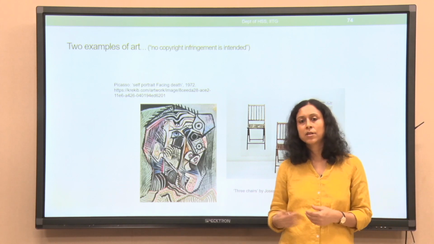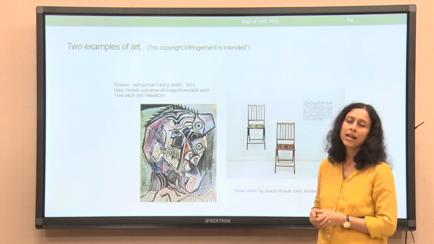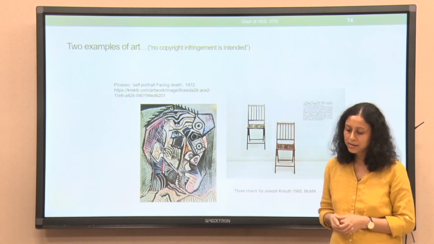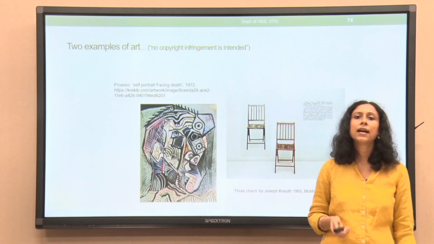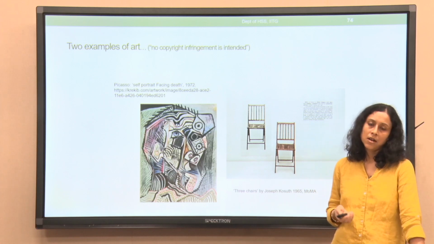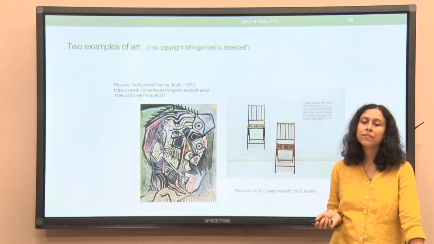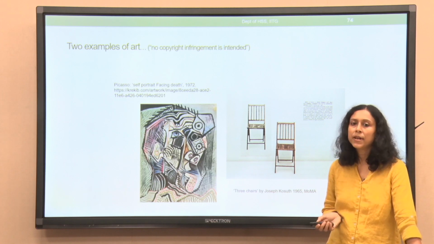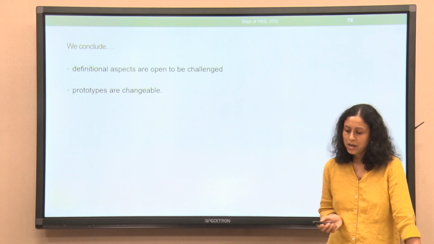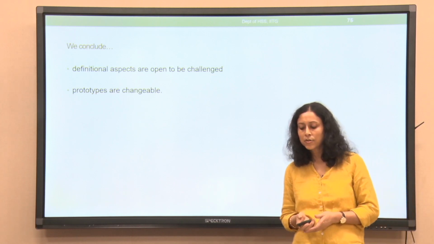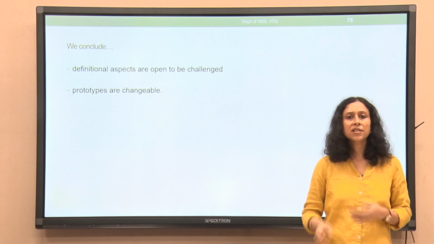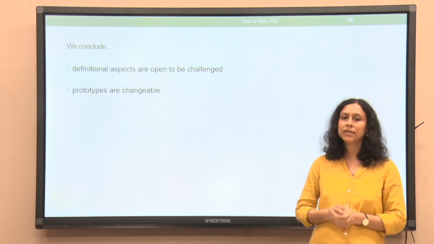But if you turn to abstract notions like art, music, and many other such notions, you will see the very fundamental idea that a concept must have a set of features that define it is completely denied by such kinds of categories. So, we can conclude that even the definitional aspects of a category can be challenged.